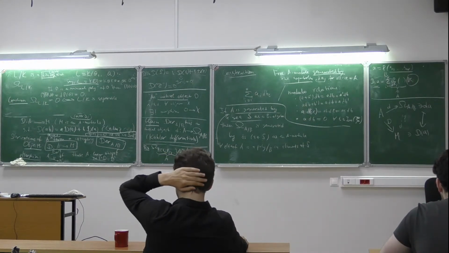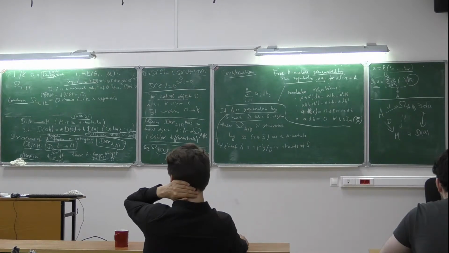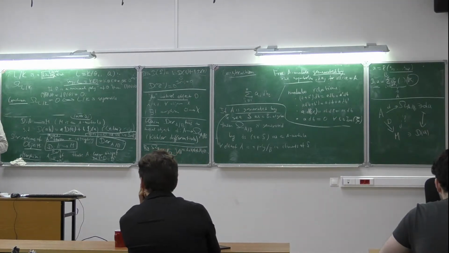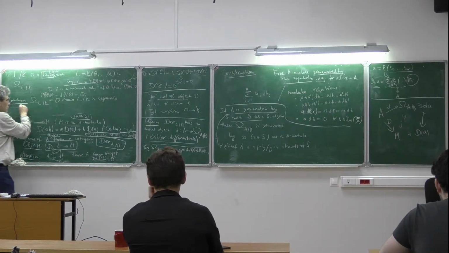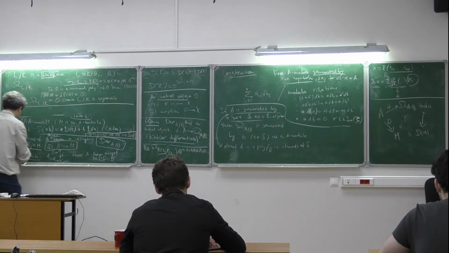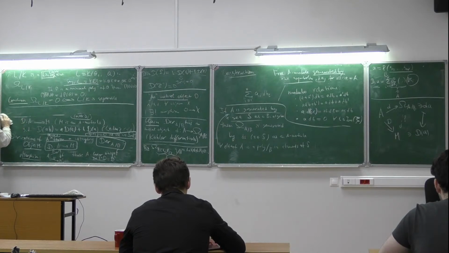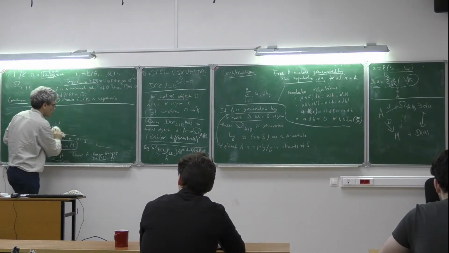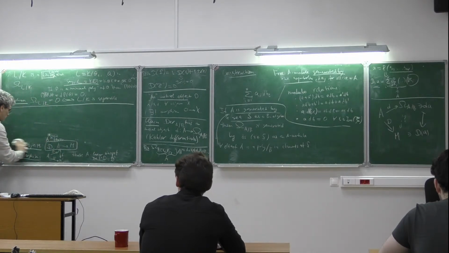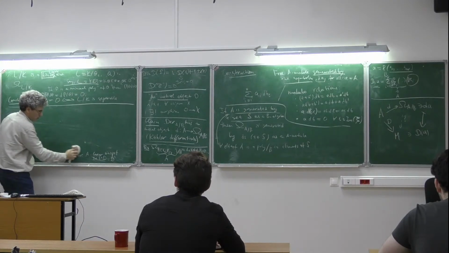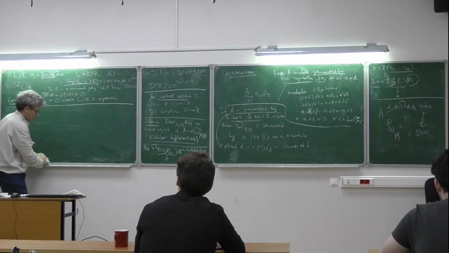Because you know that, let me give you one more definition. So maybe you already know this definition. A field is called perfect if any algebraic extension of that field is separable.